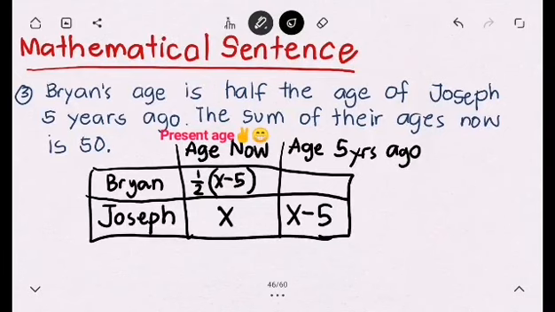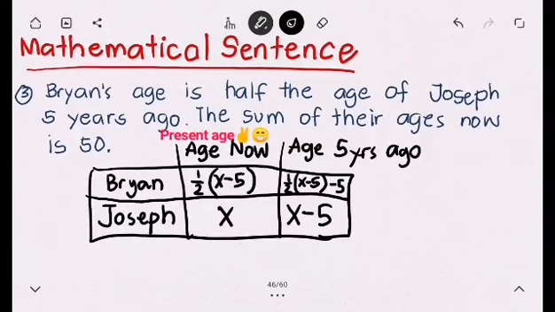Okay, so ang edad niya ngayon is represented by 1/2 times x minus 5. And then, 5 years ago, so magiging 1/2 times x minus 5, minus 5.